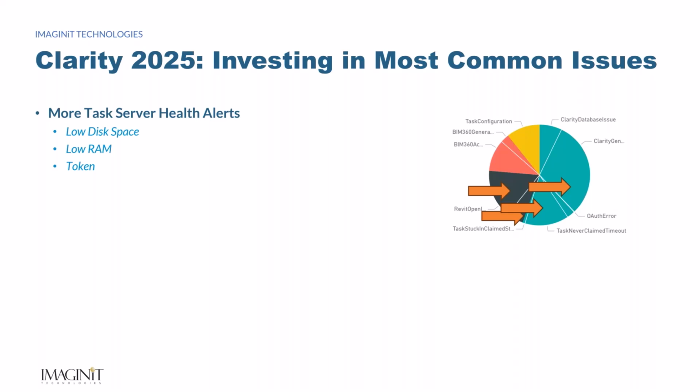And so we've added this to the task server health alerts, which you can receive via email, as well as track when these health alerts happened within the task coordinator view inside of Clarity. So our hope is that this would prevent problems from occurring, or from you not understanding why things weren't running as nicely as they should be, because this kind of thing will interfere with your ability to get good task results.